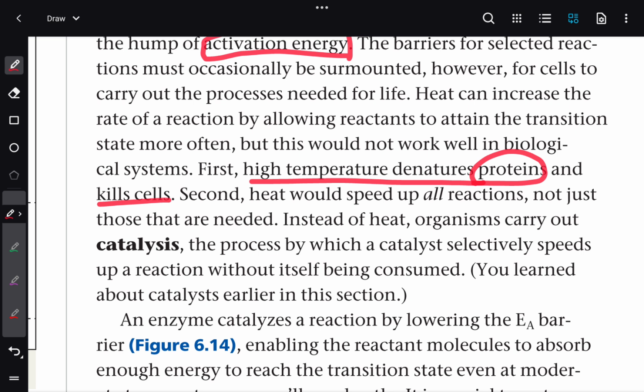Heat would speed up all reactions, not just those that are needed. It's not a selective catalyst. Instead of heat, organisms carry out catalysis, the process by which a catalyst selectively speeds up a reaction without itself being consumed.